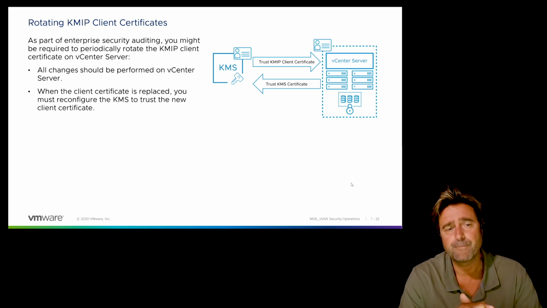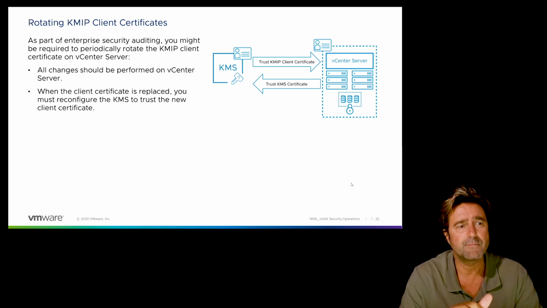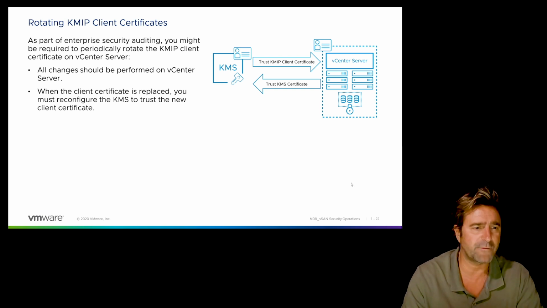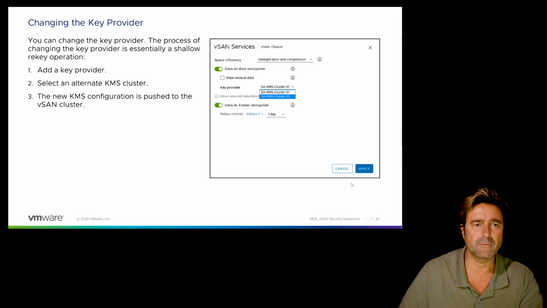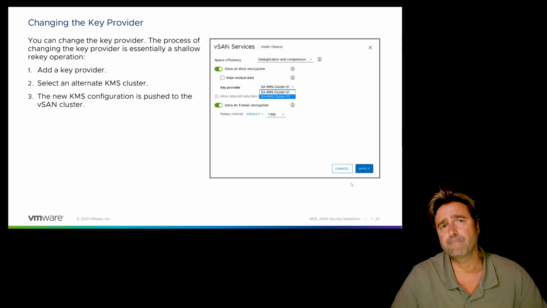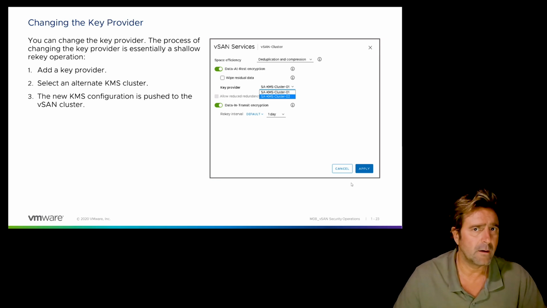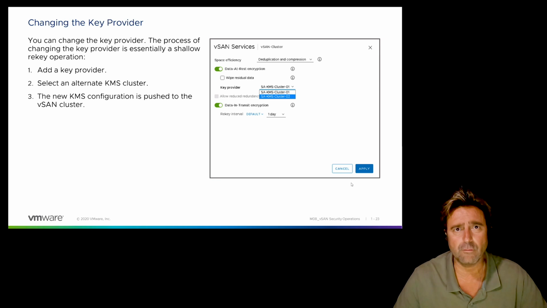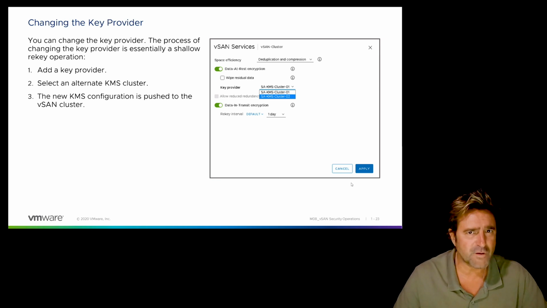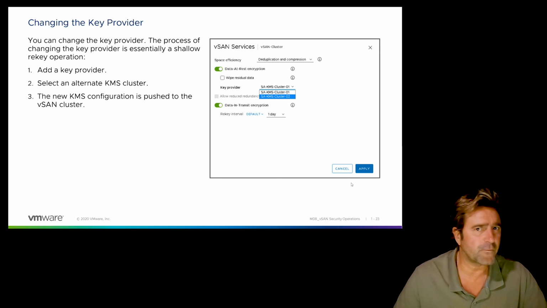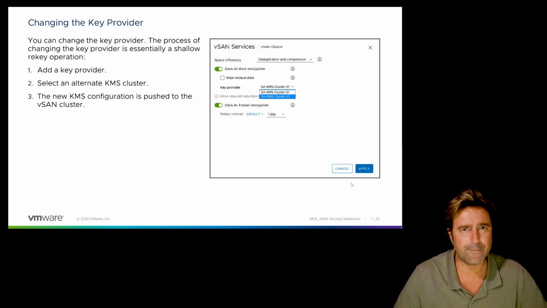As mentioned, you may have certain needs, and among those needs, you may have to rotate your client certificates. So you can see again, all changes should be performed on the vCenter server. And if you take a look, after this chapter, you don't have one particular lab, you actually have two. In the first one, you point to your first KMS server and you enable data at rest encryption.